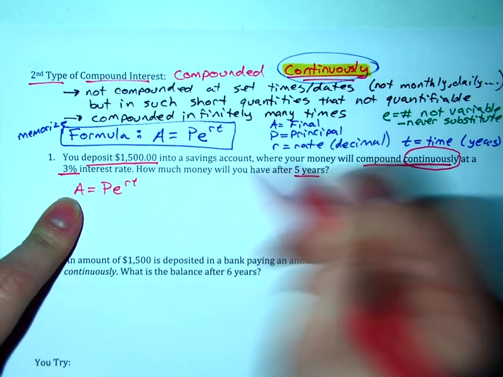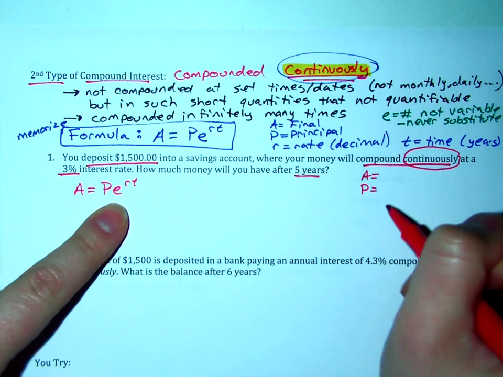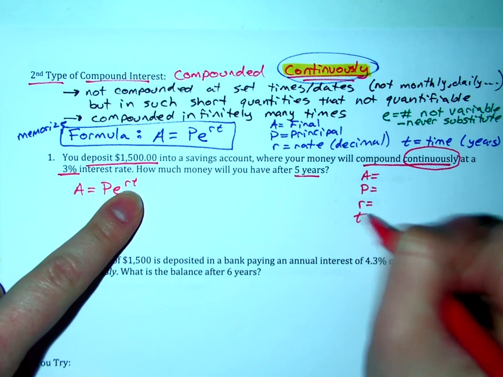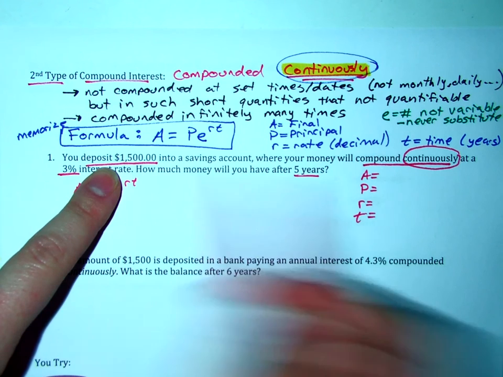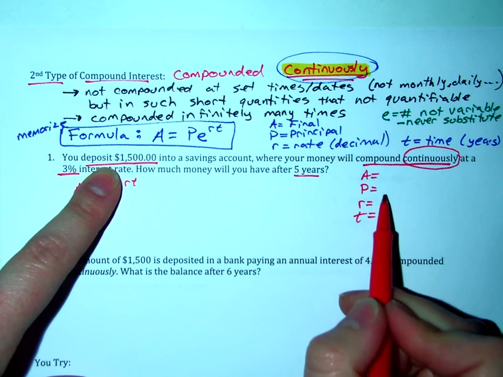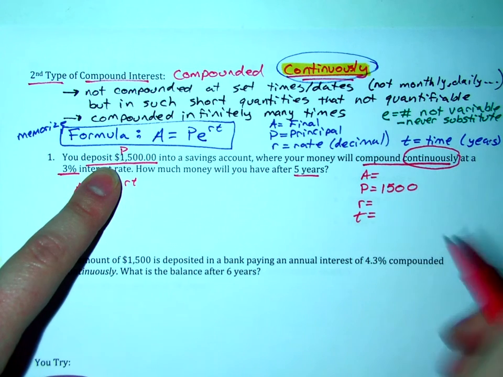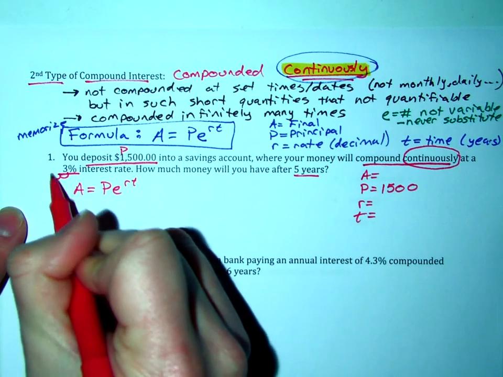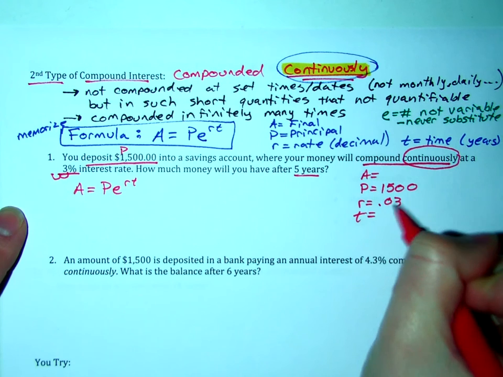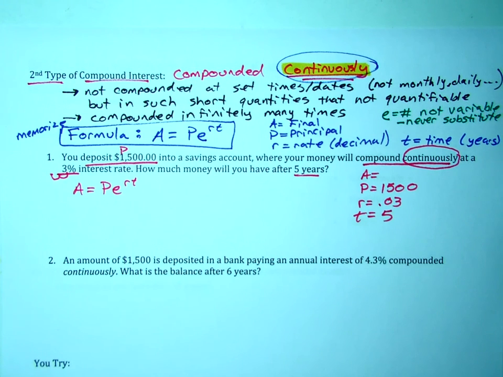The only things I really care about in this formula are the A, the P, the R, and the T, since e is just a number. Deposited $1,500 is not my ending amount, it's my initial amount, so that's my principal. 3% is my rate, remembering that we need to move the decimal over twice, so it's 0.03, and T is time in years, so this is 5.